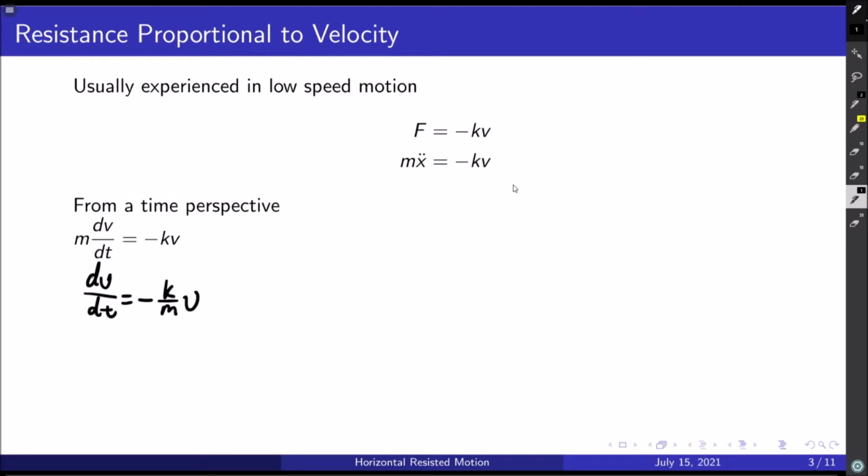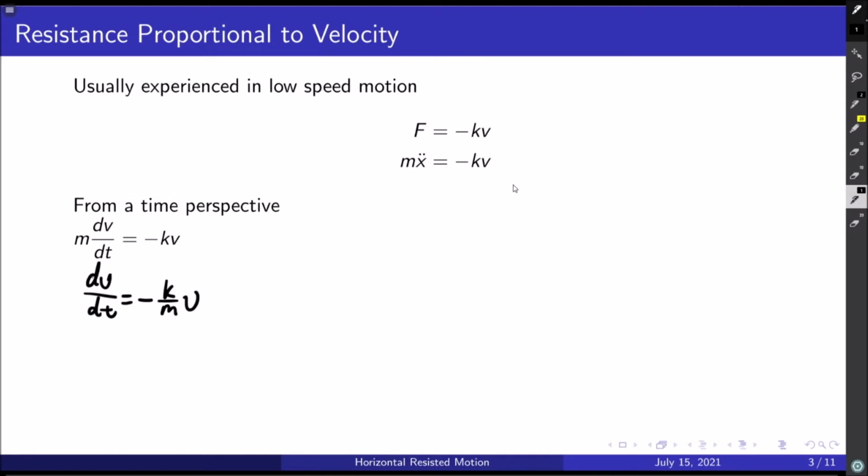So you can already tell it has to be something exponential, because exponential functions are the only class of functions that really satisfy this property. But we're actually going to go through the process and give a very definite time function for v.